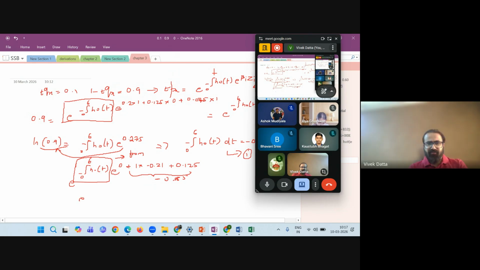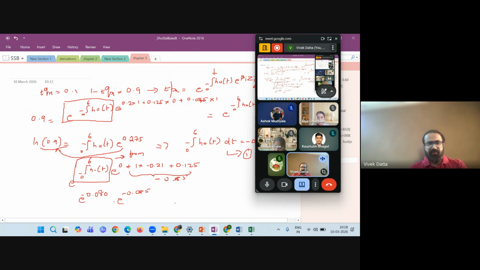So e raised to 0.08. Now here, Bhavani, you had taken the minus outside and equated it, so you will need to put that back in. Yes or no? Yes, sir. So whatever that value is, 0.0800, whatever we got, into e raised to minus 0.085.